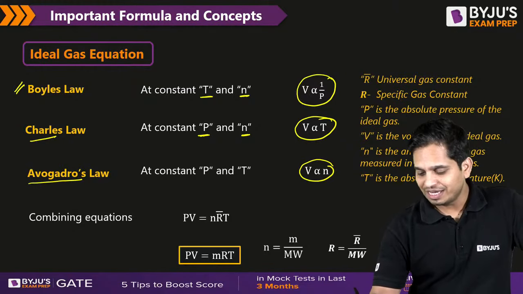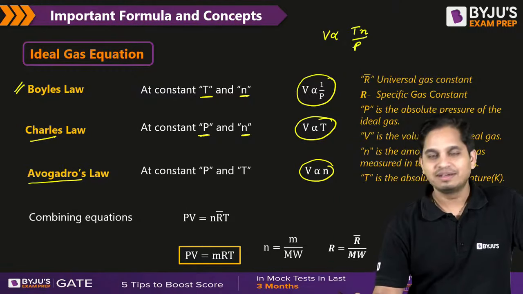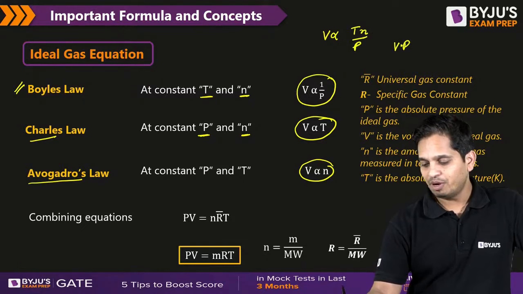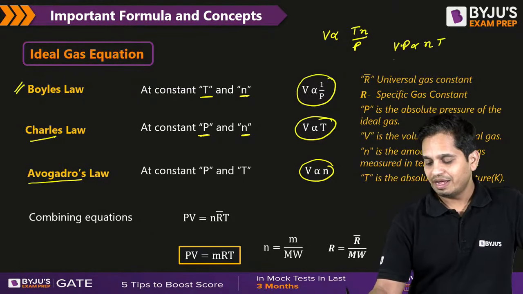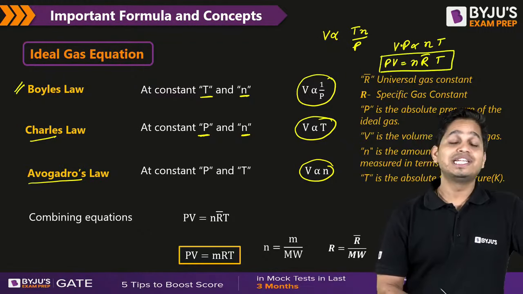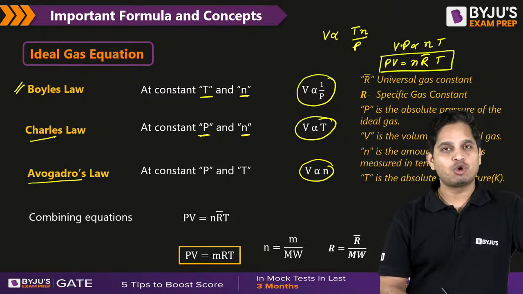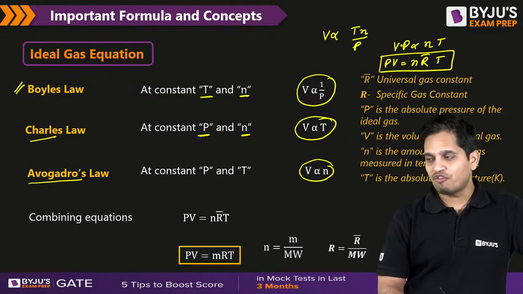So if I combine this, volume is proportional to nT by P. So PV is equal to nRT. This is our ideal gas equation in terms of number of moles and universal gas constant.